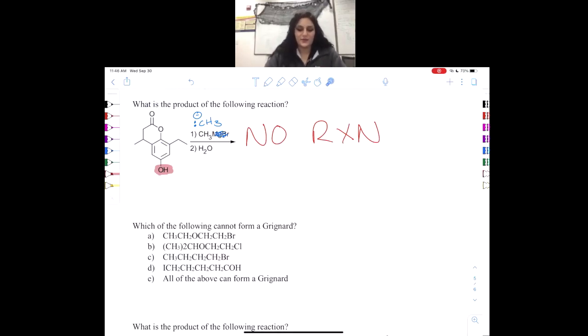So instead of being a nucleophile, it just steals this hydrogen and you get an acid-base reaction going on, not the Grignard reaction. If that wasn't a good enough explanation, I can try to be a little bit more in depth. But let me know what you guys think.